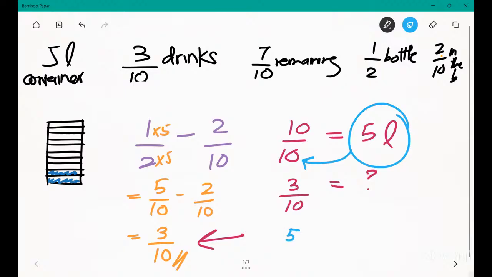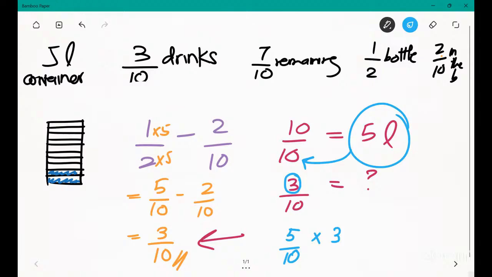So 5 divided by 10, and then you multiply it by the numerator that you need. So this is the amount that we need as a 3/10 fraction. We need the number 3. So if we had 7 over here, you multiply this by 7. Okay? So here we have 3, so you multiply this by 3.